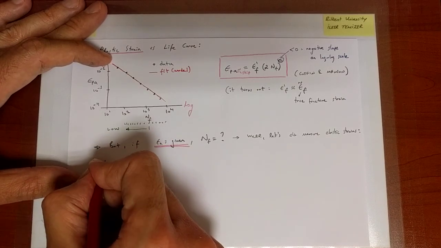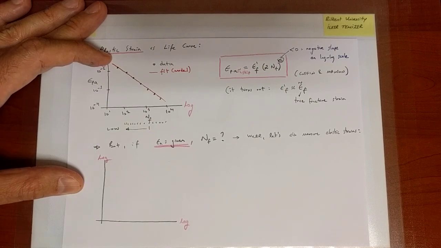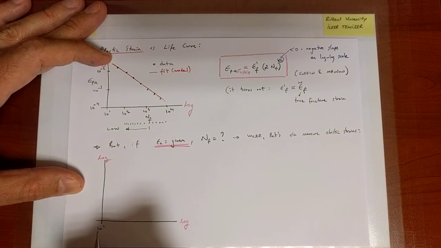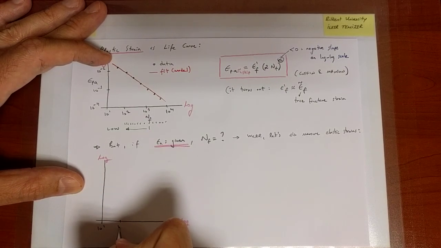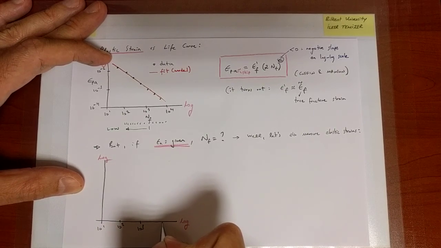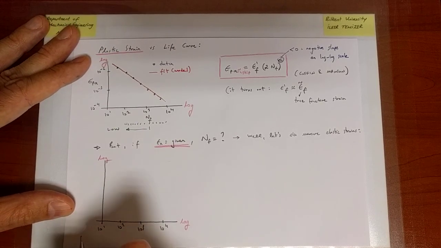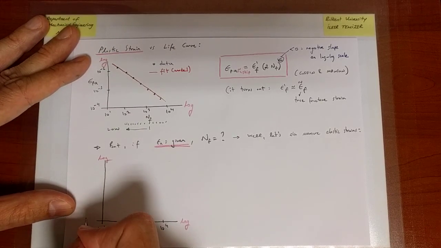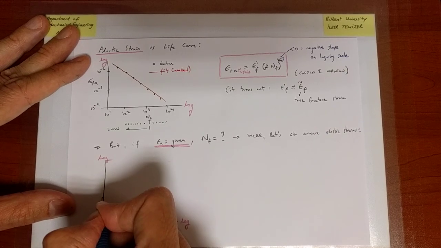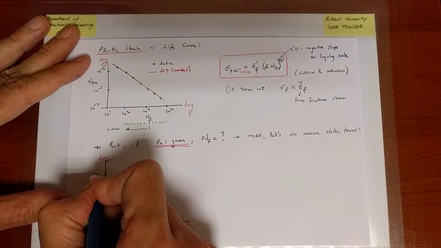So now, again, we're going to plot on a log-log scale number of cycles versus the strain amplitude. So it's the same specimens, right? Here, the values that we measure, of course, can be different, but let's assign the same range.